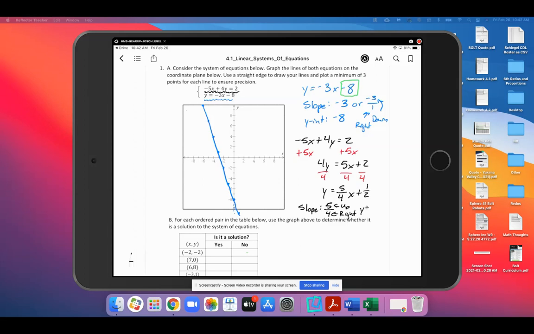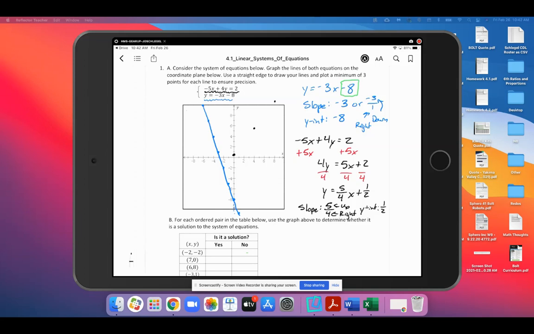And we have a y-intercept of 1/2. So I will start right here at 1/2, and I will go up 5 and to the right 4. I would go up to 10.5 if it was on the grid, but it's not, and to the right 4, so that would be somewhere floating right there.